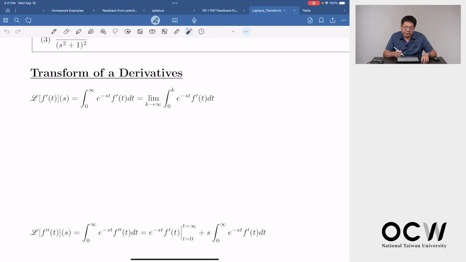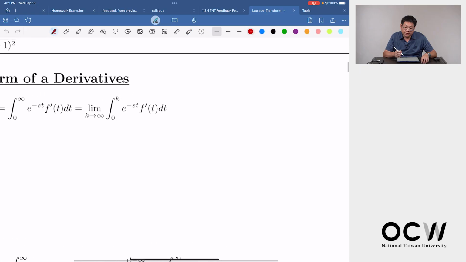And then this is the improper integral, so we take the limit. The integration from 0 to k, and k goes to infinity. In this case, we need first integration by parts. Okay, because we have the t here and also another t.